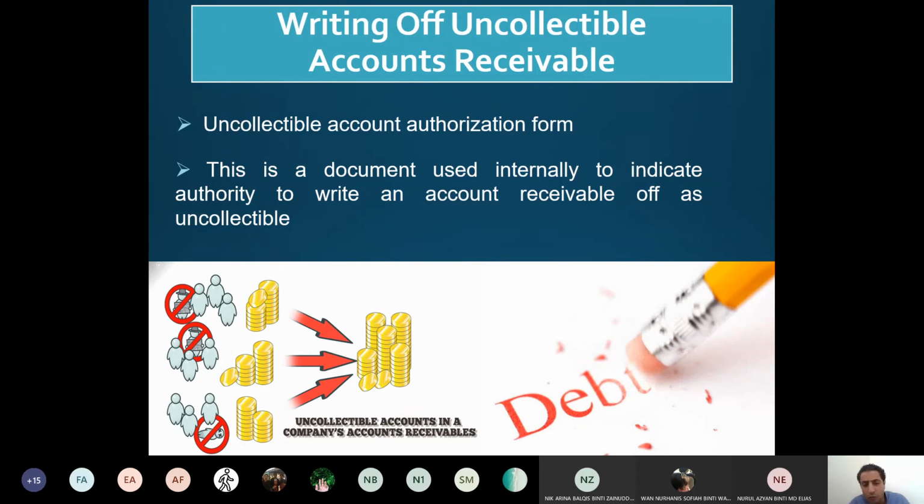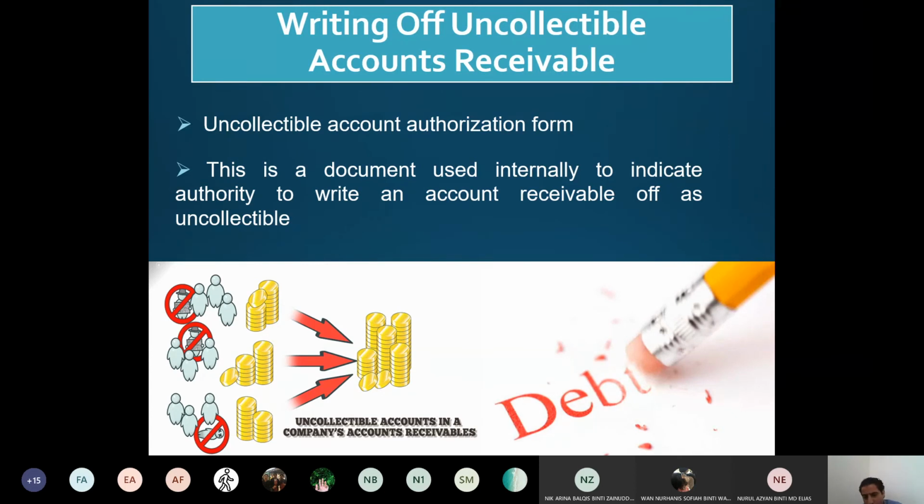So it should be at the top management level, or sometimes, for a small amount, it can be approved by the CFO, the financial controller, chief of financial control. Okay, so this is a document used internally to indicate authority to write an account receivable off as uncollectible.